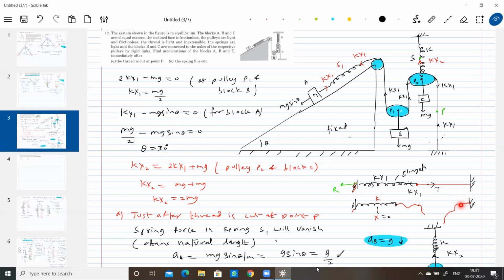Why a normal reaction? No, the string is light, so nothing will be there. Sir, for the spring also nothing will be there, because no force is acting. This R also will vanish. Okay, sir.